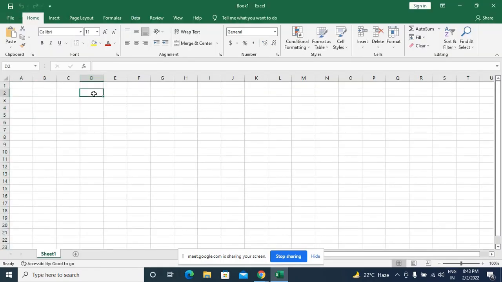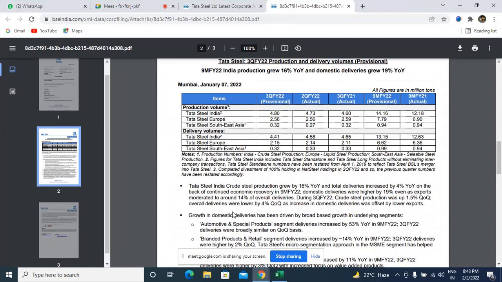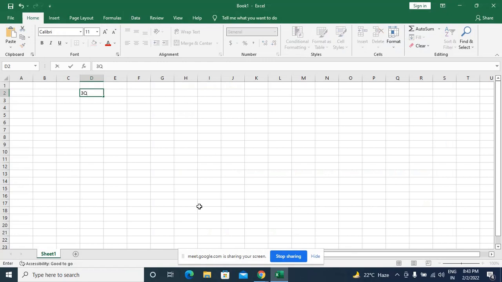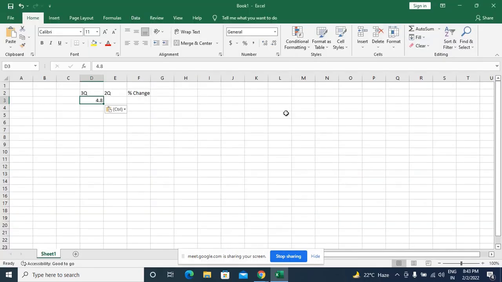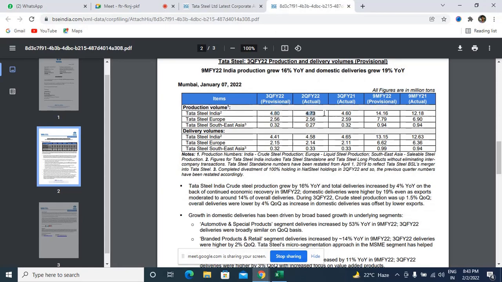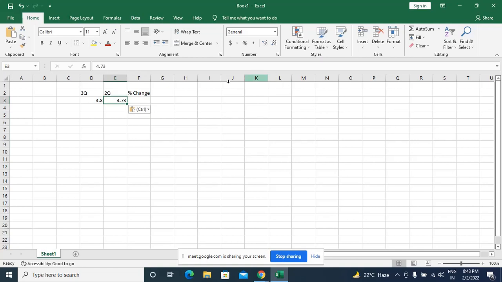In an Excel sheet, you are doing this 3Q, then 2Q, then percent change, then you paste it, and then what you can do is... oh, sorry, what happened?